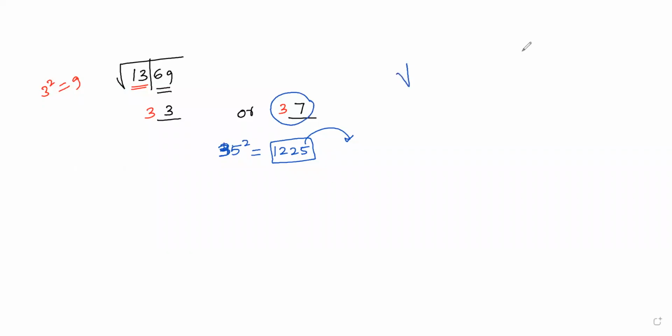Okay. Suppose let me take here another one. 2190904. Here the last two digits are 04. In that the unit place will be 2. So I am taking 2 and its complement 8. So both possibilities are there.